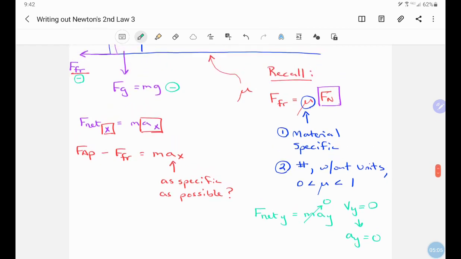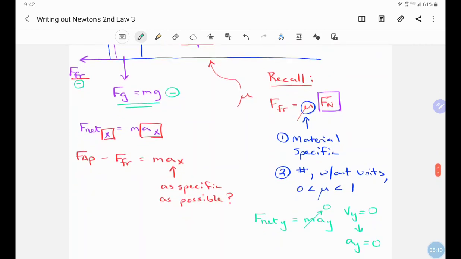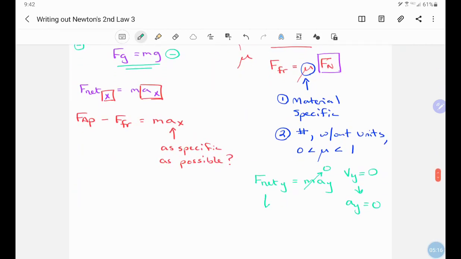Now, going back to my picture, the only forces acting in the y direction are normal, which is positive, and mg, which is negative. Write those in. We have normal minus mg equals 0. Normal is equal to mg.